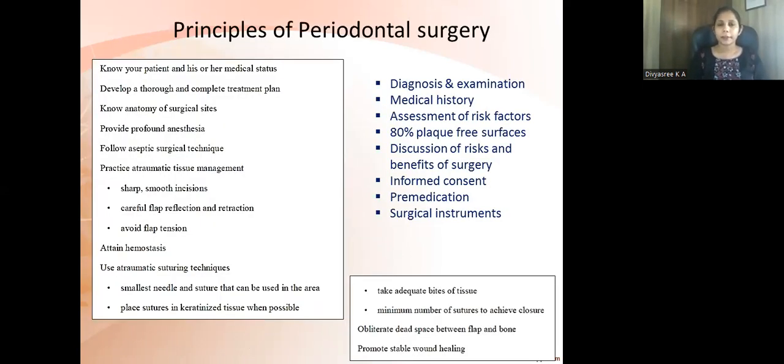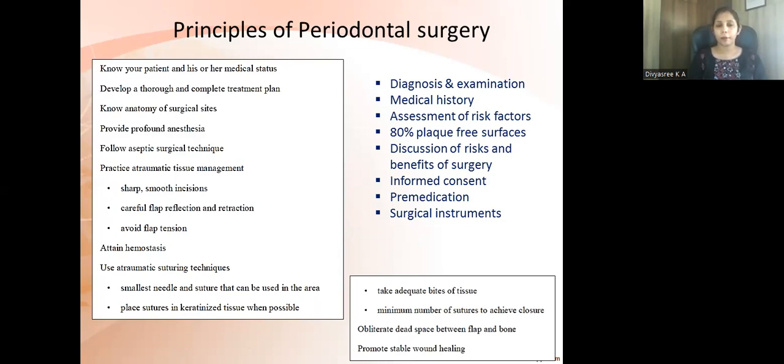Now coming to the principles of periodontal surgery. Whichever the surgery will be, one should always analyze the patient and the situation. One should always take a proper case history, analyze the medical history, and develop a proper treatment plan. They should have proper knowledge of the anatomy of the surgical sites.